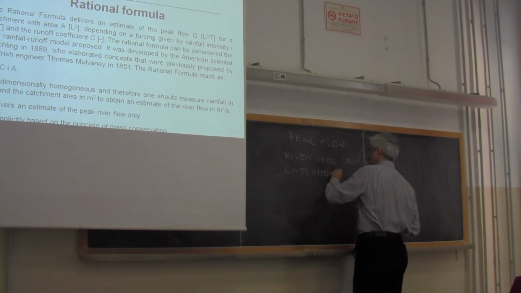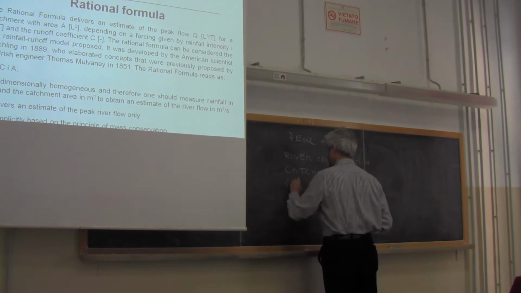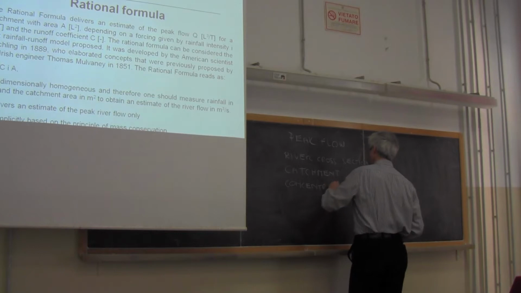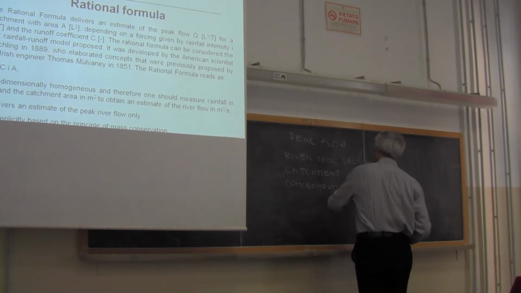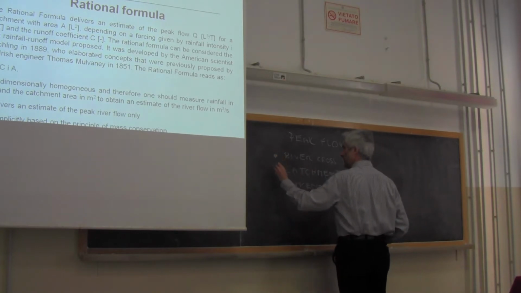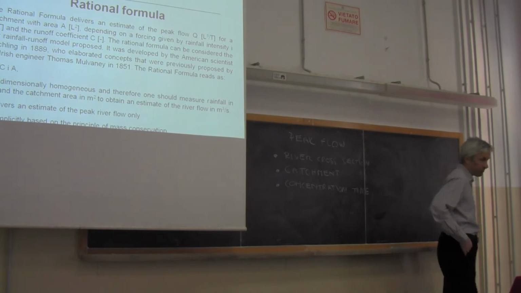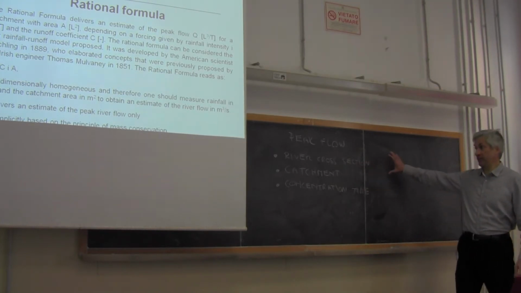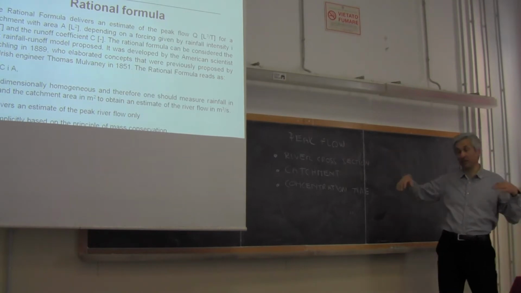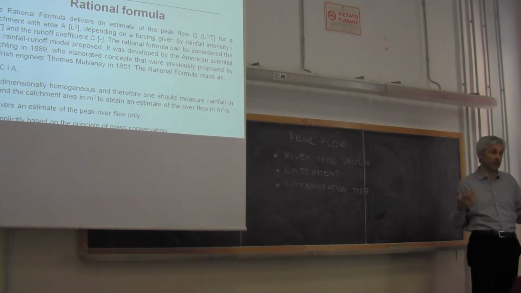We also define what is the concentration time. So please remember these three definitions, which are recalled in my web pages, and there are Wikipedia links to illustrate these definitions. I know that definitions are boring, but in this case they are instrumental, they are fundamental in order to understand the problem.